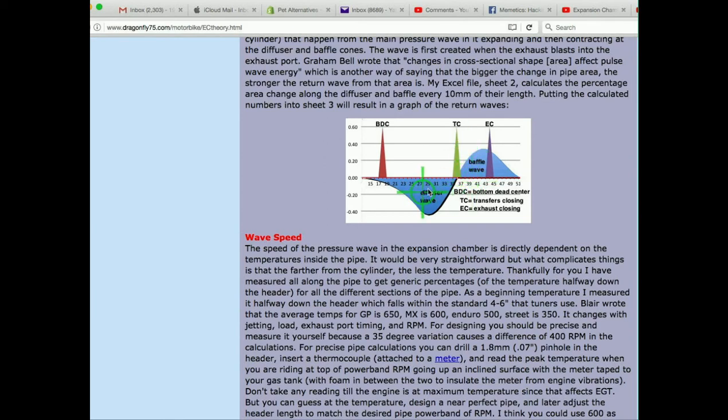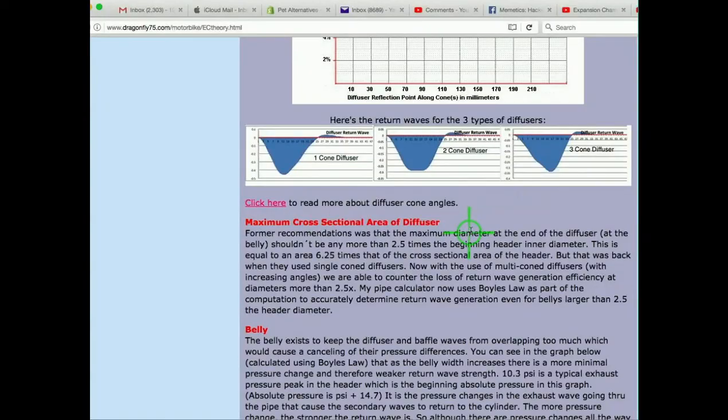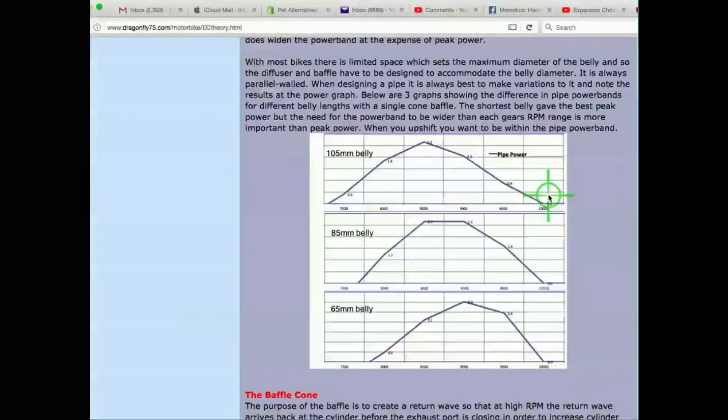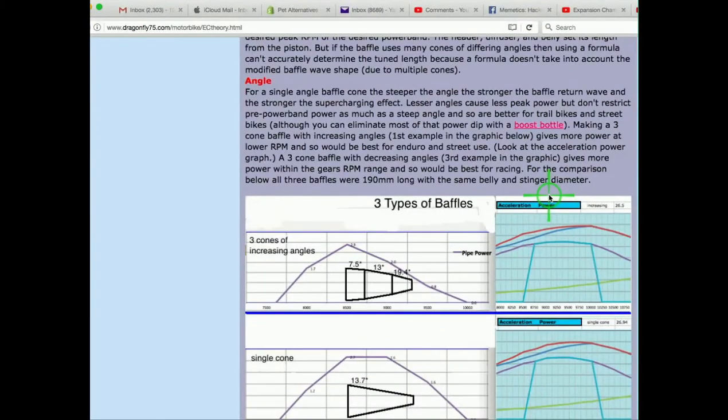So it's a no-brainer concerning the diffuser wave, what we need. This is a 3-cone diffuser wave. What we need is gradually increasing angles.